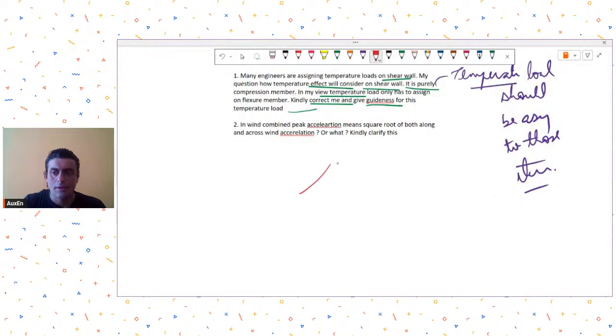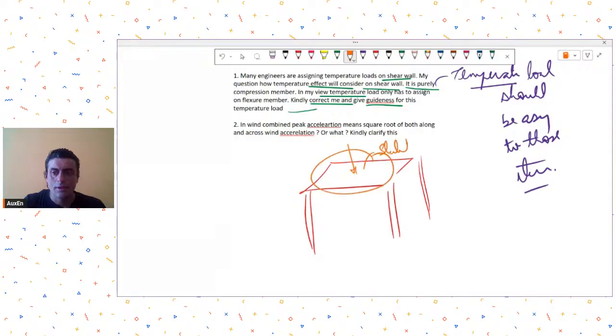So, that element which has a large surface area and which is exposed to direct sun, let's say, are your slab elements. So, in my opinion, you should assign temperature loads on your horizontal slab elements, and then depending on the expansion contraction of your slab, those stresses will then be transferred to your other members.